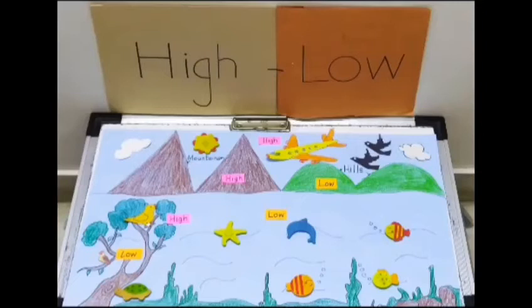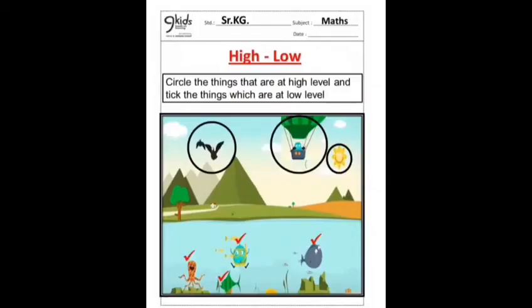And I'm sure you have understood the concept of high, low. Now I will give you the solution of the worksheet. Now this is the solution of first worksheet. In this worksheet you had to circle the things that are at high level and tick the things which are at low level.